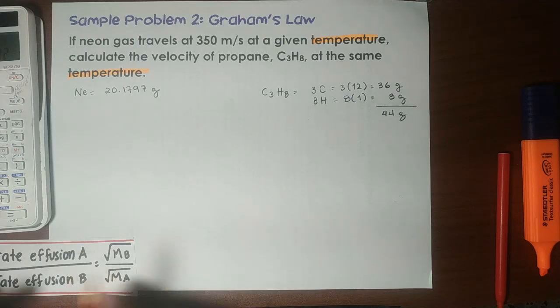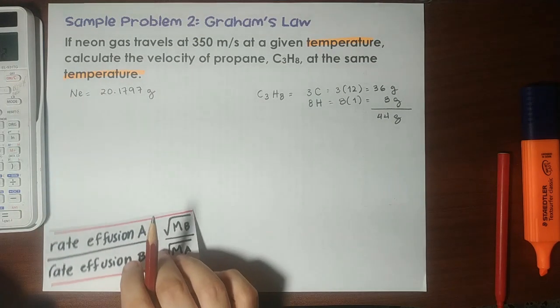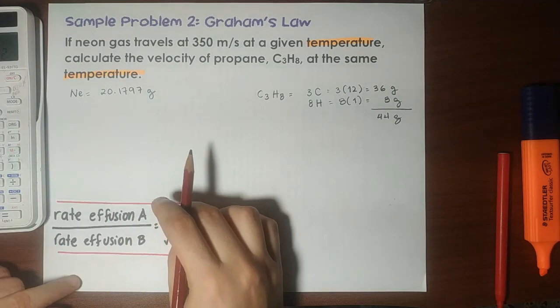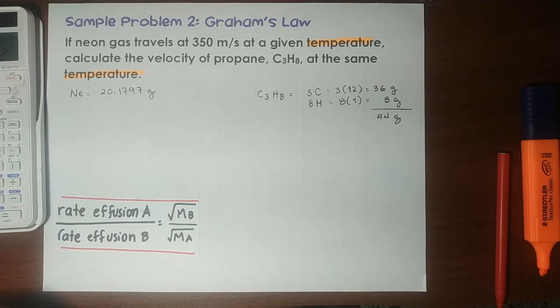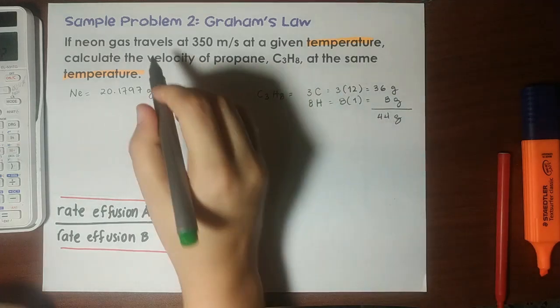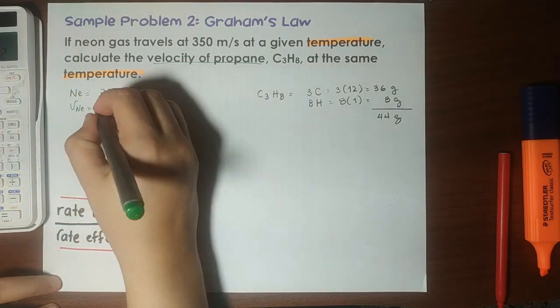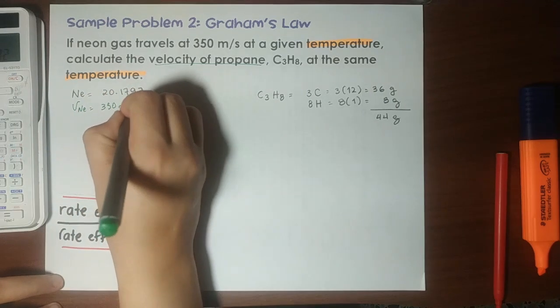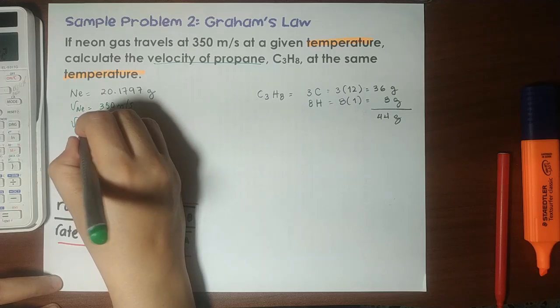Now, if I use Graham's equation again, I will have my rate of diffusion of A against B. Now, take a look. In this exercise, I want to know the velocity of propane. I know the velocity of neon, that is 350 meters per second, and I want to know the velocity of C3H8.